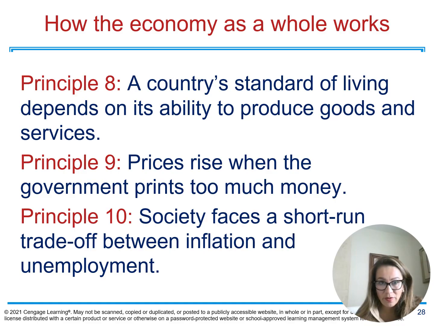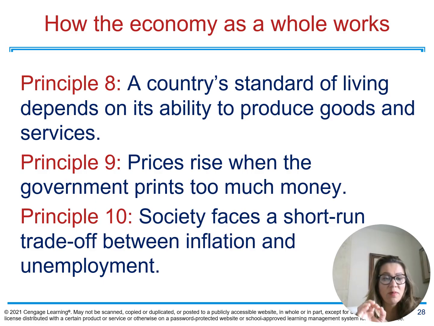This is category number three, and this is going to describe how the economy works as a whole. Okay, this category, guys, is related to macroeconomics, the subject that we will be discussing for the rest of the class. So far, categories one and two are related to microeconomics.